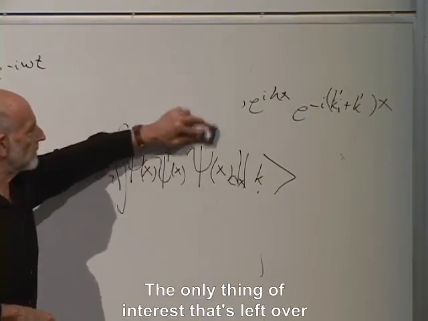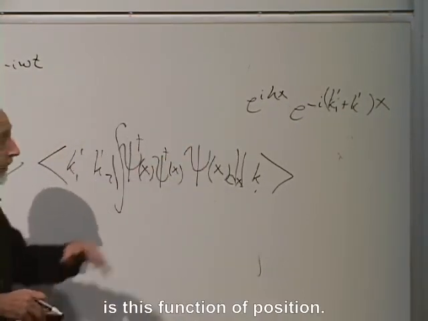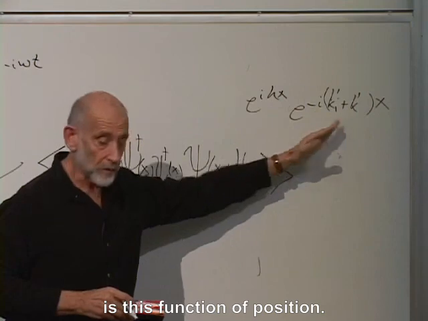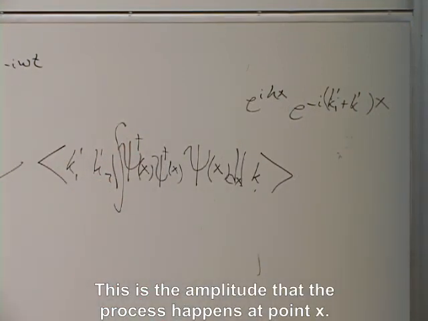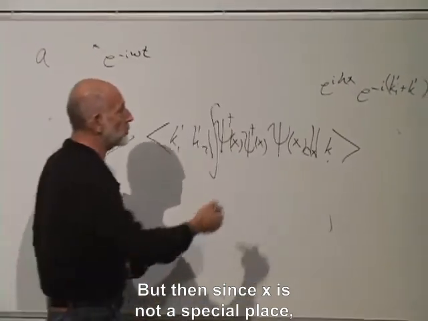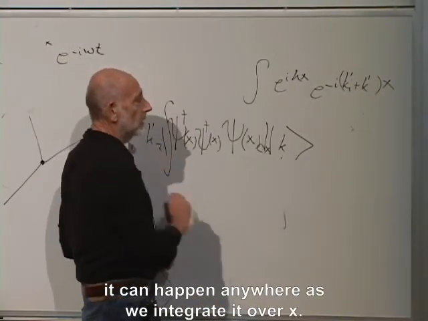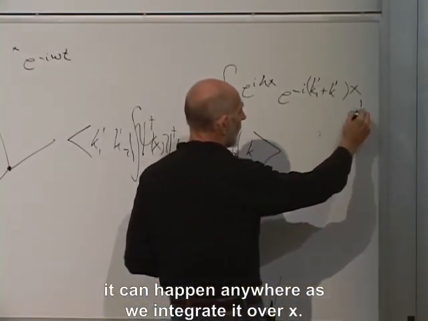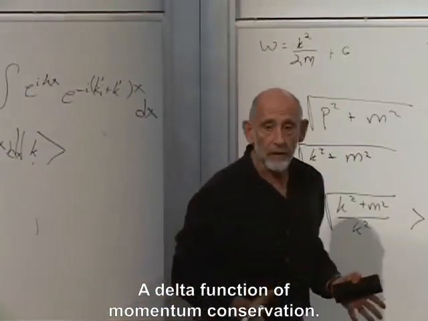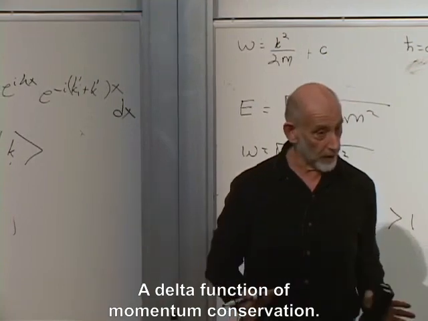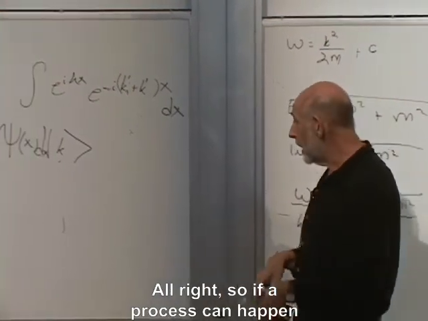These operators annihilate and create the particles, we calculate the matrix element, that's all trivial. The only thing of interest that's left over is this function of position. This is the amplitude that the process happened at point x. But then since x is not a special place, it could happen anywhere, we integrate it over x. What do we get when we integrate it over x? A delta function of momentum conservation. All right?